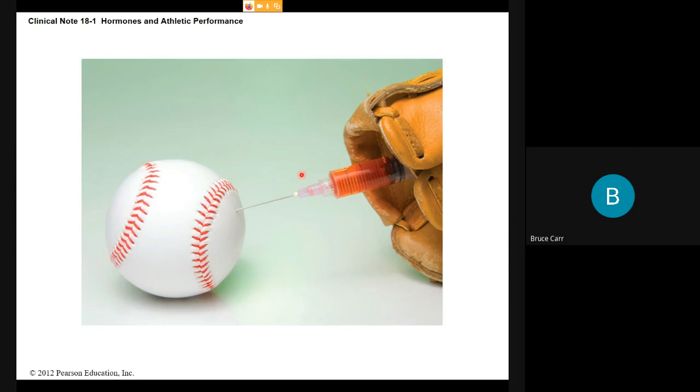When we prohibit a drug, we prohibit a specific drug with a specific formula, when in fact further experimentation shows that a slightly altered form, which is not on the list of prohibited drugs, can produce some kind of enhancement of athletic performance and of muscular proficiency. So given the tendency to cheat and what it means, the tendency to find new and better ways to enhance your performance will continue to be a problem.